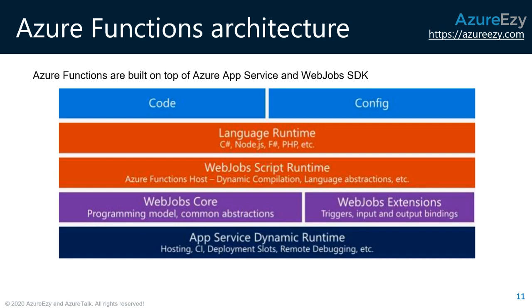You can also build your Azure Function using this technology, because Azure Functions is based on the Web Jobs SDK. If you see here, the base App Service dynamic runtime is sitting at the bottom, and your Web Jobs SDK is sitting here.